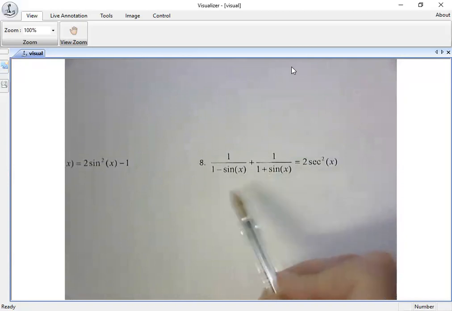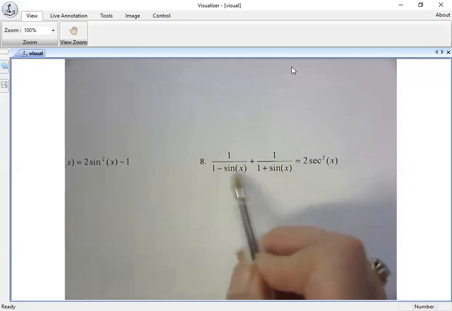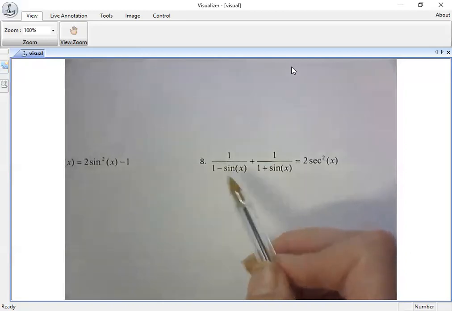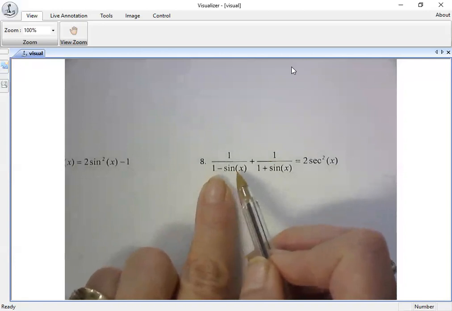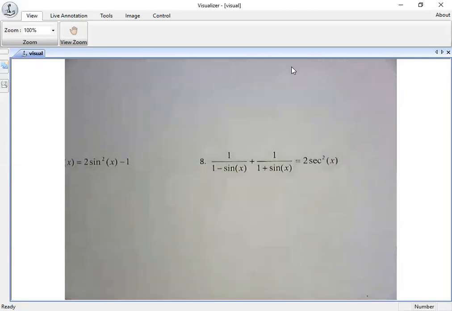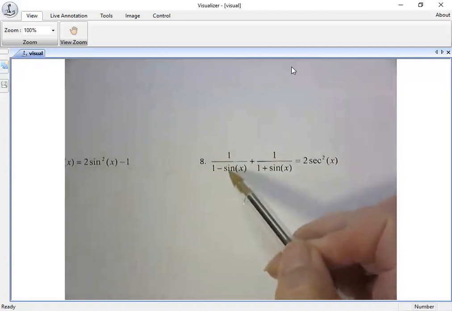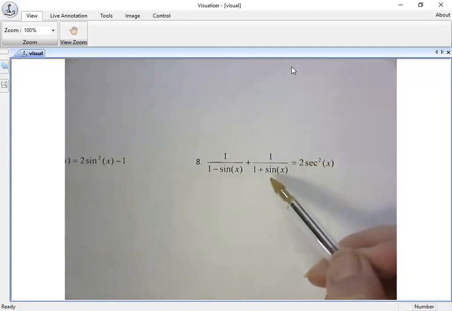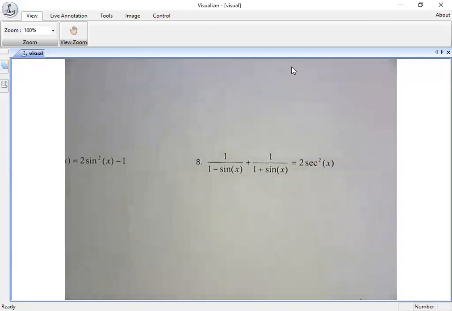No. And they don't have any common factors, do they? Because a factor would mean I would be able to write this as something times something, and 1 and sine of x don't have anything in common except 1. So this is sort of like if I had a fraction and this was a 2 and this was a 3. They don't have common factors and they don't match.